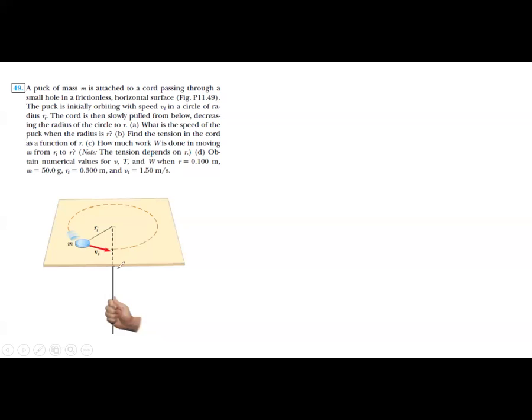The cord is then slowly pulled from below. We pull down the cord to get a new trajectory of the pack on the surface. This is the new trajectory of the pack with a radius equal to r.